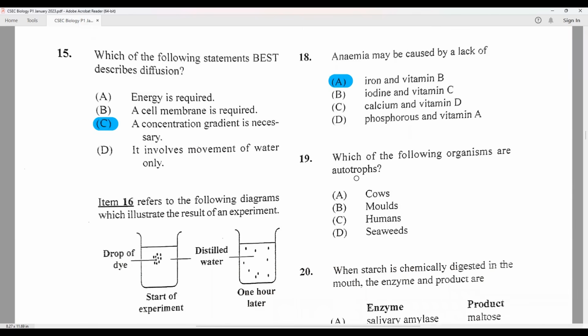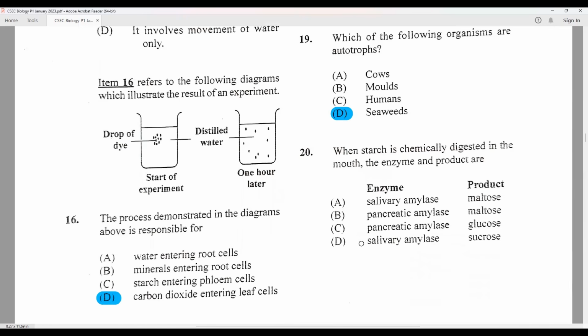Which of the following organisms are autotrophs? Auto means self, troph means feeding. So which one does self-feeding? So you have cows, mold, humans, and seaweeds. And you know that plants are great autotrophs.